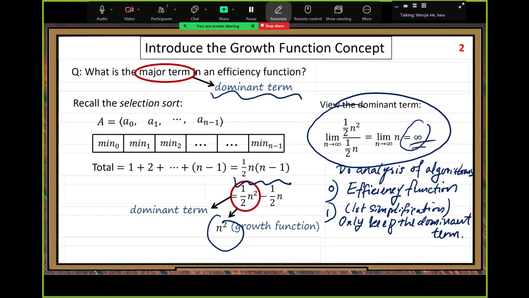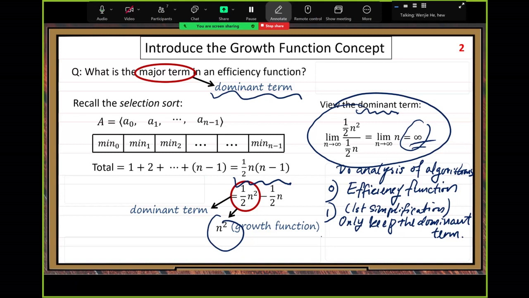This tells you the meaning of dominant: the ratio goes to infinity when n goes to infinity. Mathematically, we understand it that way. So we only keep the dominant term and throw away all the other minor terms. That's the first round of simplification.